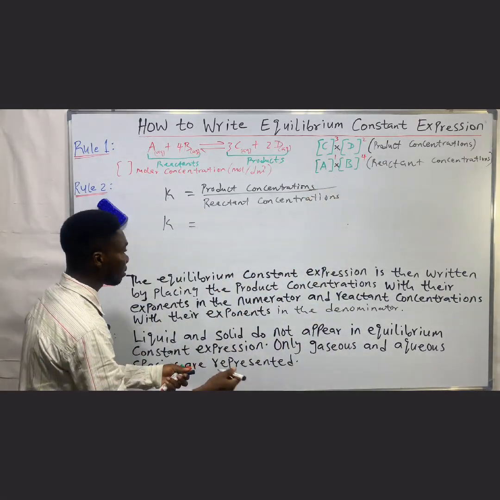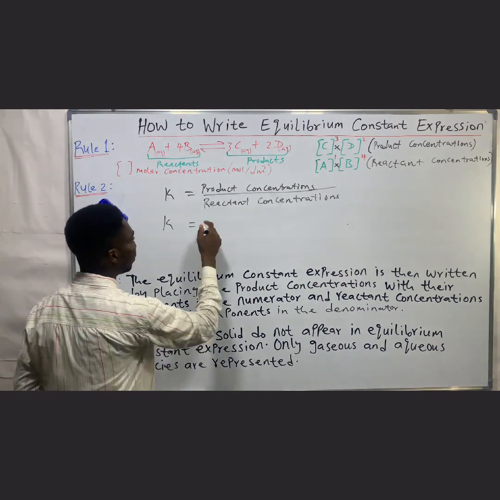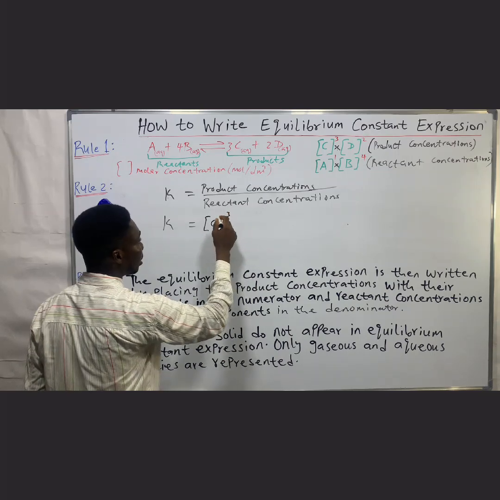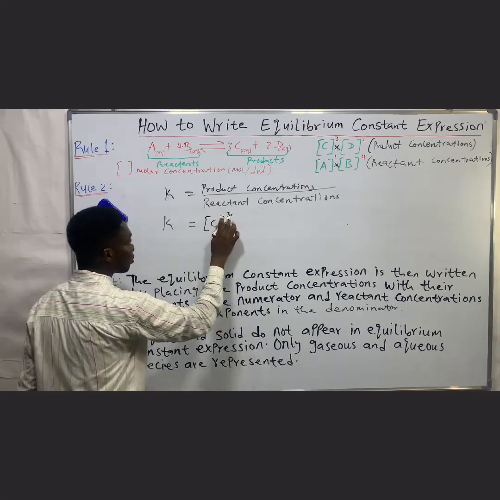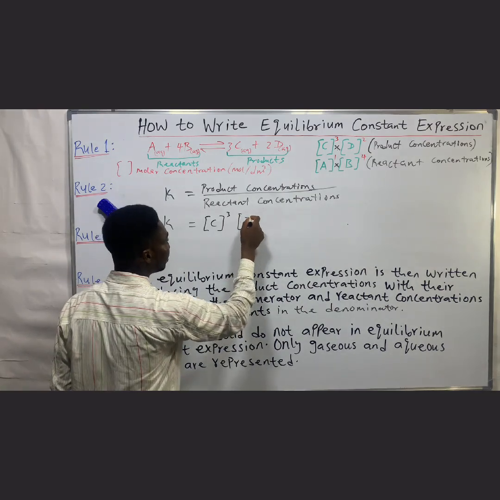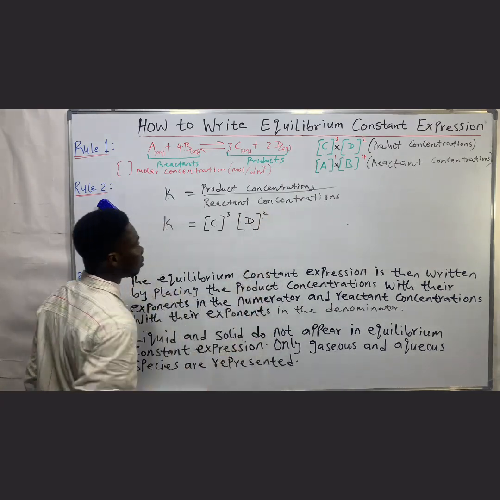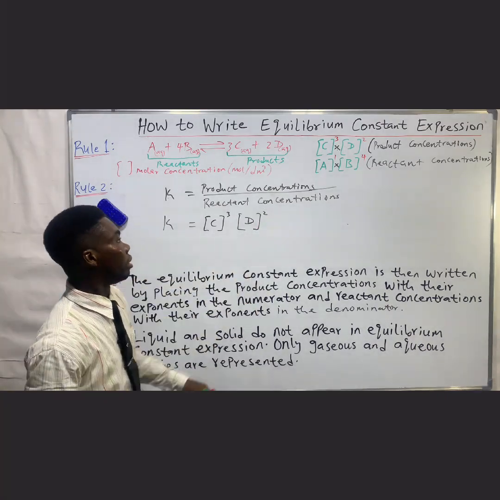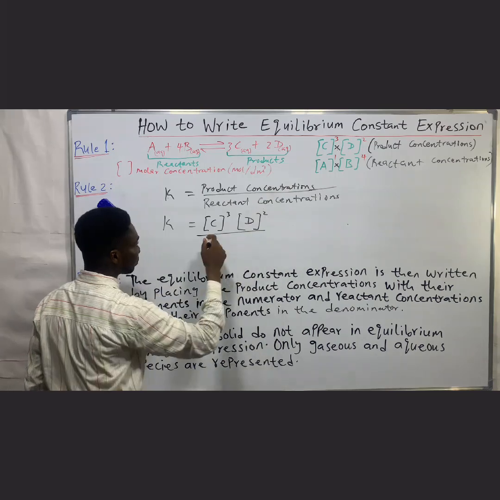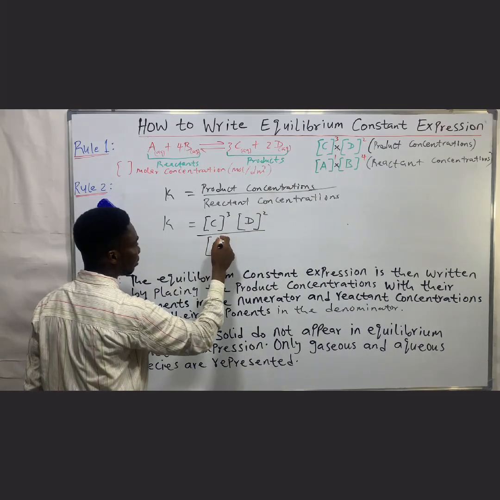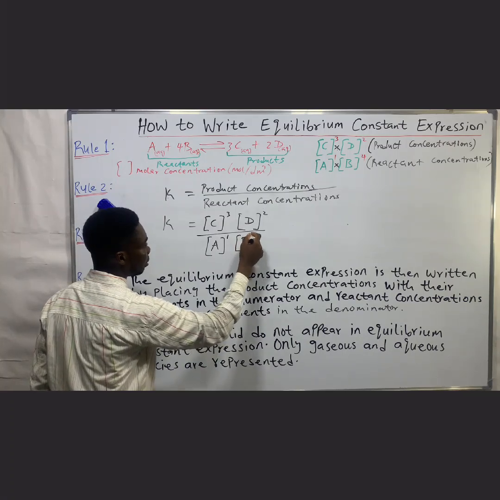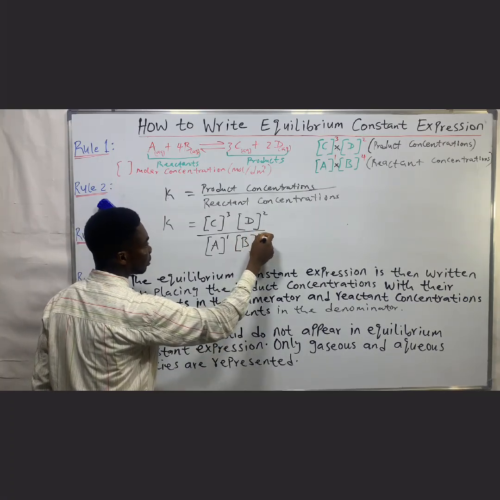So I'm going to place it in the numerator, where I have C raised to the power of 3, then D to the power of 2, all over the reactant concentrations, where I have A with exponent 1, and B with exponent 4.